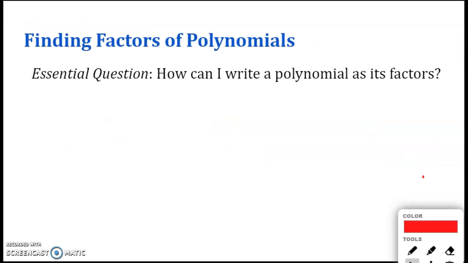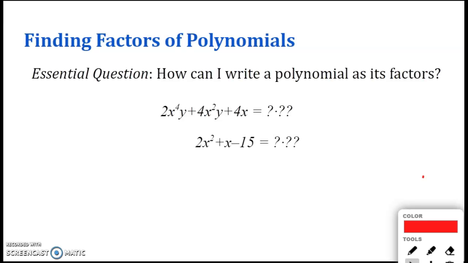And so in finding factors of a polynomial, the essential question you should be asking is how can I write a polynomial as its factors? If you have 2x to the power of 4 plus 4x squared y plus 4x, what multiplied by what is what I'm looking for?